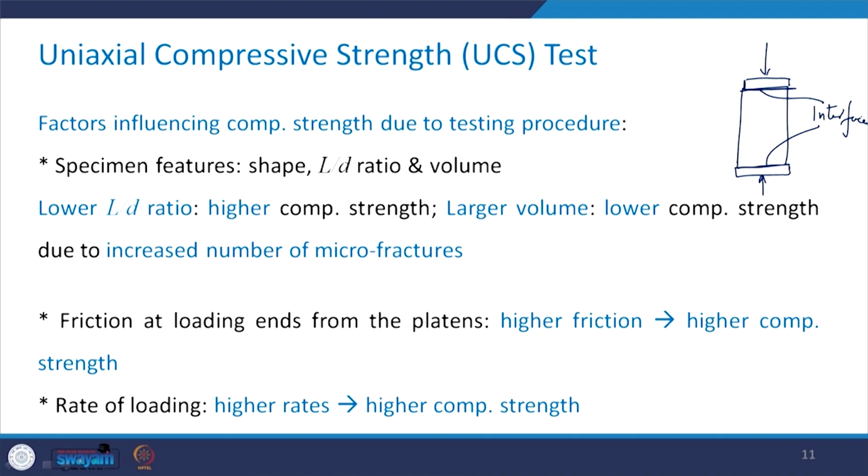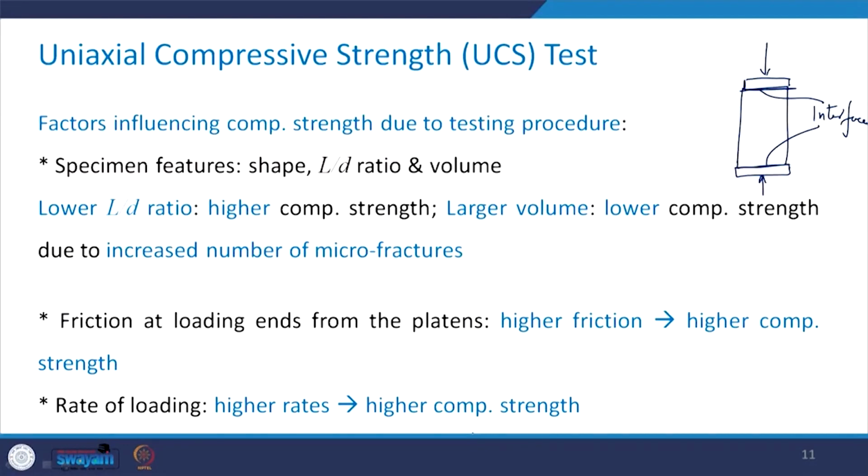If this friction is high, you get a higher compressive strength. So apparently we are getting a higher strength, but the material does not have that much strength. We need to reduce this friction to almost 0, because then only will we get the actual value of the compressive strength. How to do that? We will see.